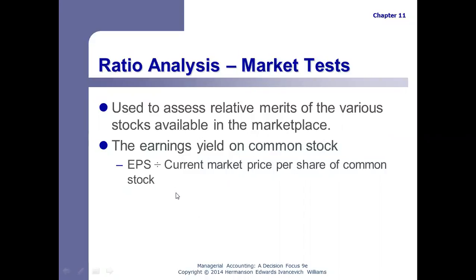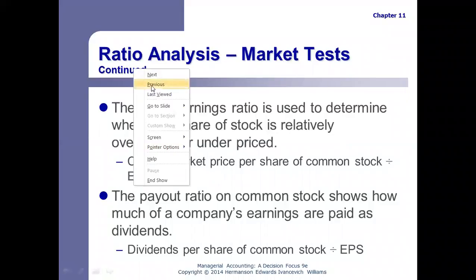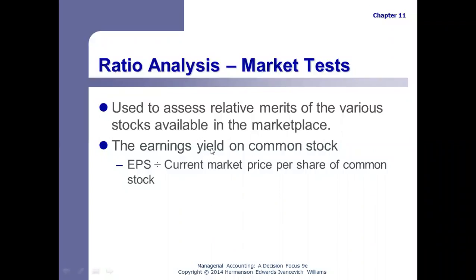As you will learn in your finance class, the market price of stock goes up or down continuously. So whatever the current price is at the end of the period, you divide that into earnings per share, and that gives you a figure called earnings yield. That basically is a measure of how profitable a common stock would be. And in the world of finance, that's a very commonly used ratio.